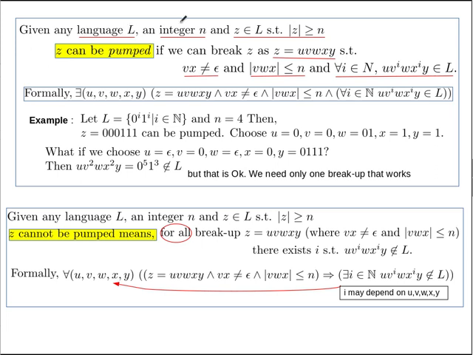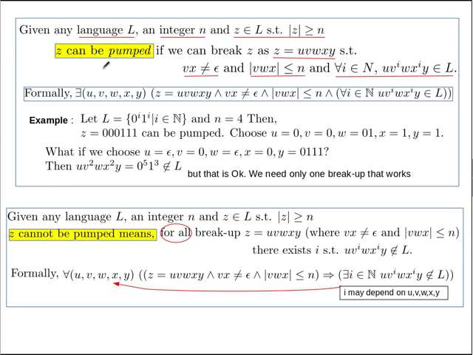So for any language L, you have some integer n, and given this L and n, you take some z in L which has length more than or equal to n, and then this z can be pumped if we can break this z as a 5-part string, such that if you take together this vx, it is not empty, and this vwx is of length less than or equal to n, and for all i, this pumped up version, where we pumped the second and fourth component, is also in L. So take this as the definition of pumping.